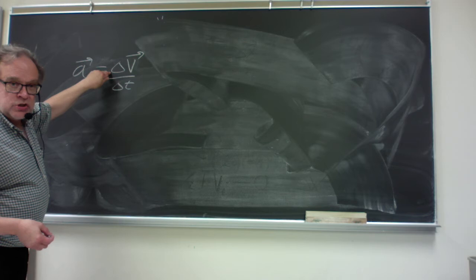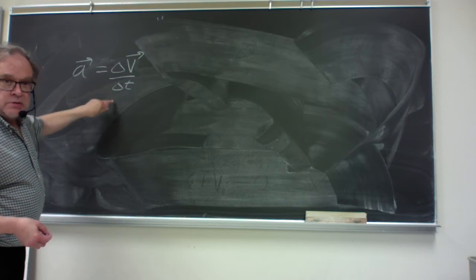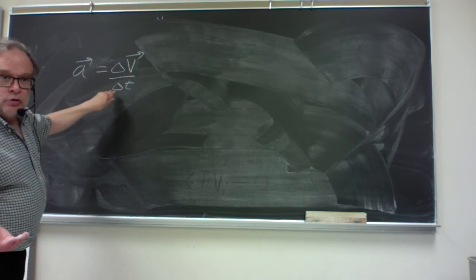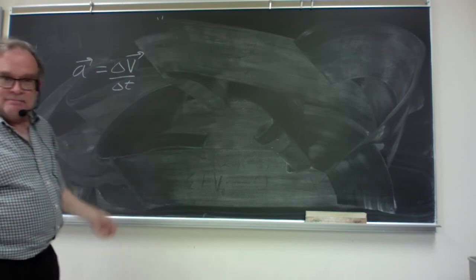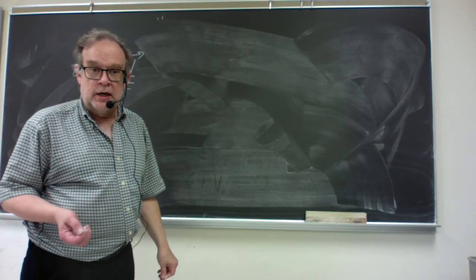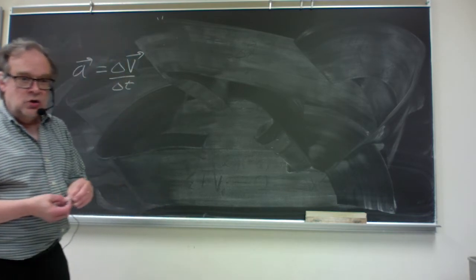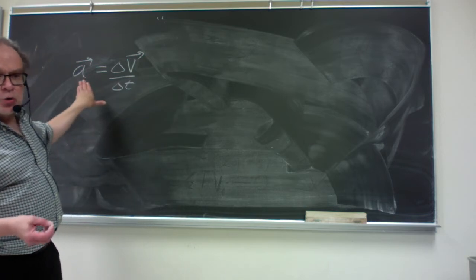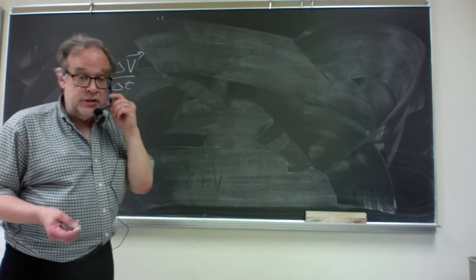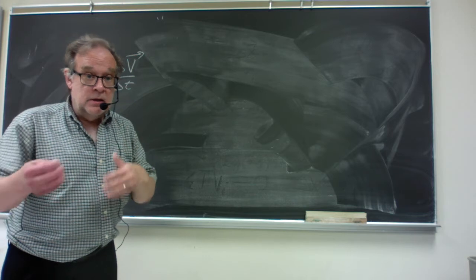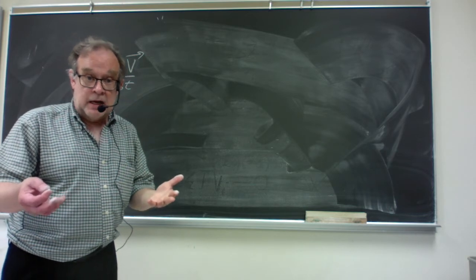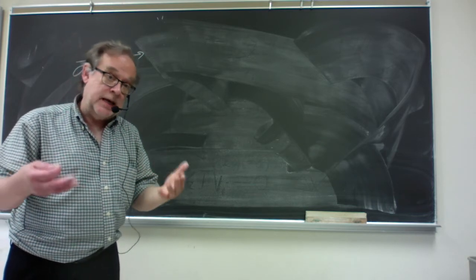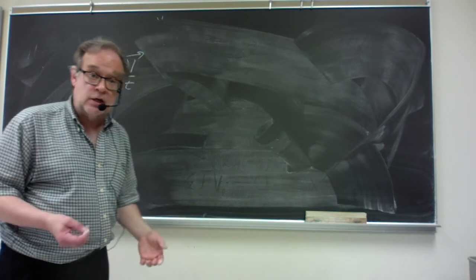In other words, how much velocity change do you get per second? The rate at which velocity is changing. Well, since this rule is so similar to the rule for defining velocity, that means that a lot of the things we said about velocity can also be said about acceleration.